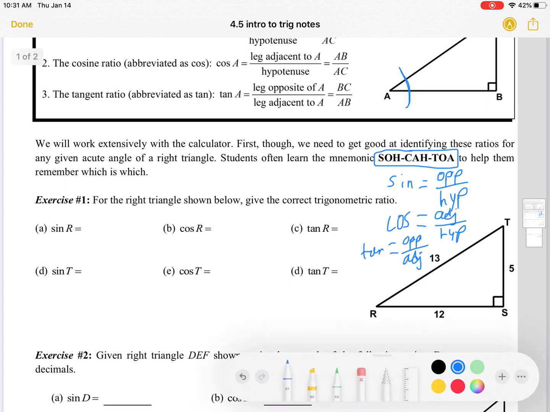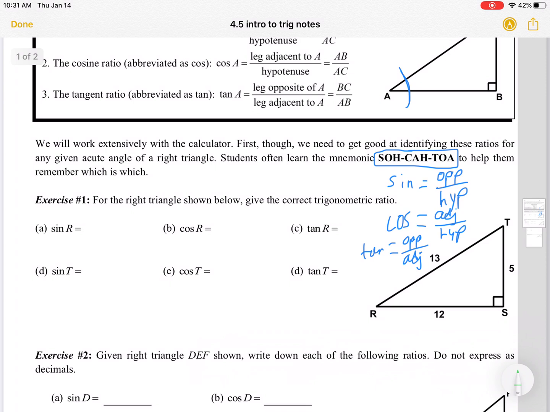For example number one, for the right triangle shown below, give the correct trigonometric ratio. So A is asking for the sine of R. So what I need to do is find angle R. Sine equals opposite over hypotenuse. The side opposite angle R is 5.